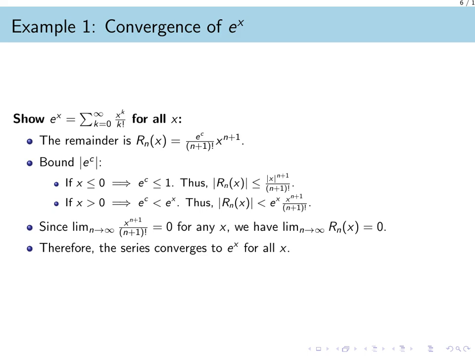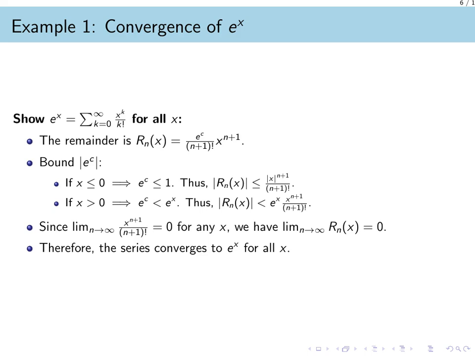This means e to the power of c is at most 1, so the remainder's magnitude is less than or equal to the absolute value of x to the power of n plus 1 divided by (n plus 1) factorial. Second, if x is positive, then c is also positive, so e to the power of c is less than e to the power of x. This gives a similar bound, just with an extra factor of e to the power x.